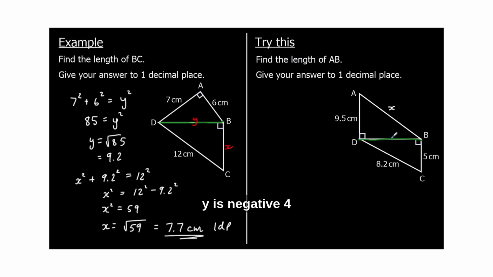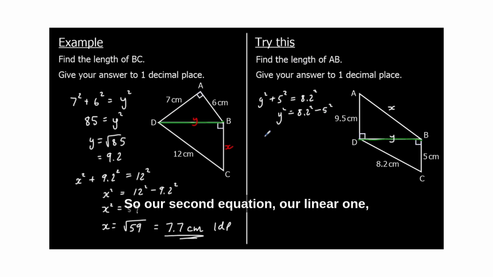So if we call the shared side y, on the bottom triangle, a squared plus b squared equals c squared, which means that y squared plus 5 squared equals 8.2 squared. If we take 5 squared away from both sides, we've got 8.2 squared minus 5 squared.